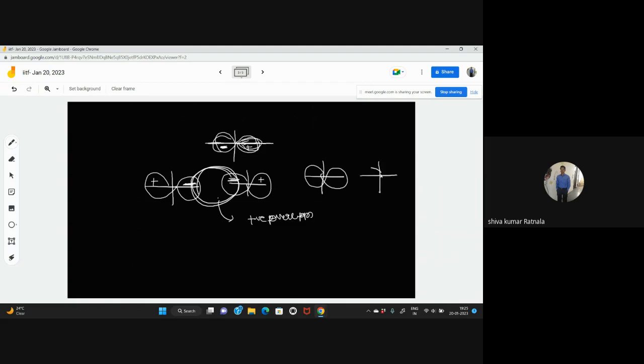Now let me take here, for example, this is the positive part and this is the negative part, and here we have the negative part and here the positive part. If I'm trying to overlap these two, this overlapping will be minimum, and that we can say is negative overlapping.